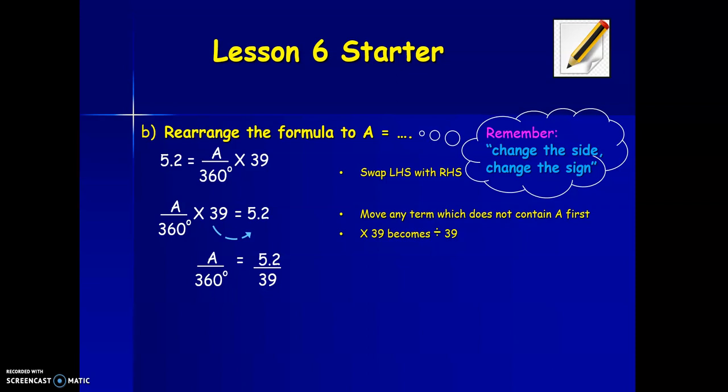So we need to move the 360 over to the other side of the equal sign as well. So when we move the 360 over, the divide by 360 becomes times by 360. And we now end up with A equals 5.2 divided by 39 times by 360. And if we put this into the calculator, we will get 48 degrees to the nearest whole degree.